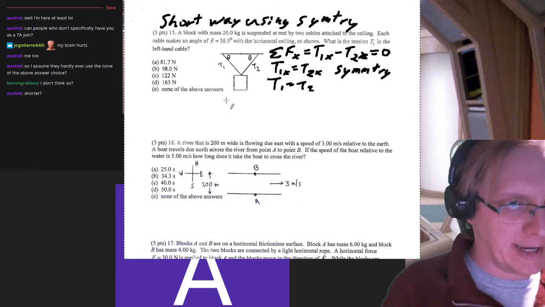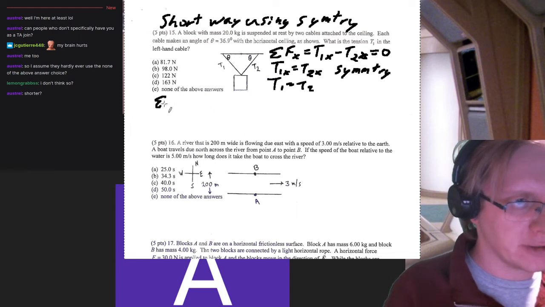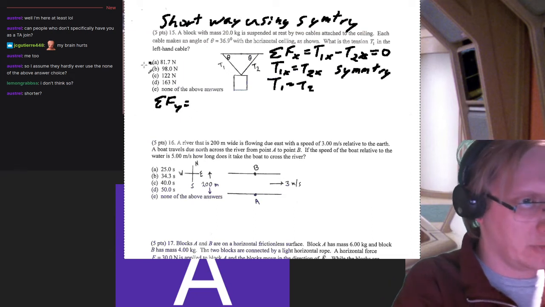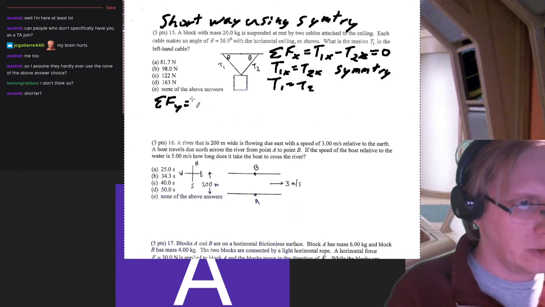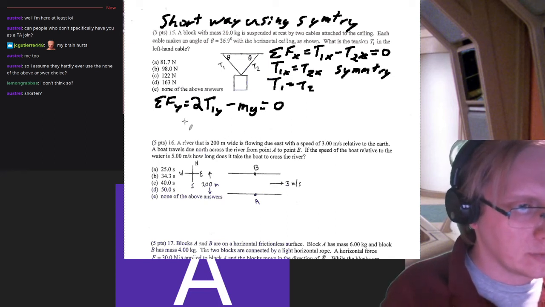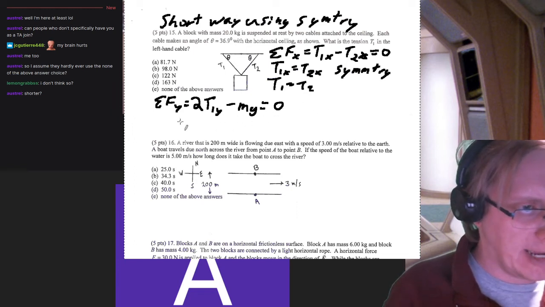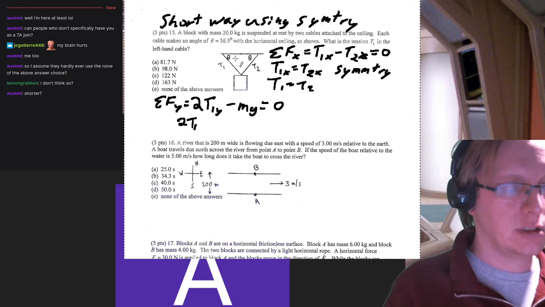So we end up looking at sum of forces in the y direction. We want mg and T1y. We end up with 2T1y minus mg is equal to 0. Then 2T1y is T1 times the y component.